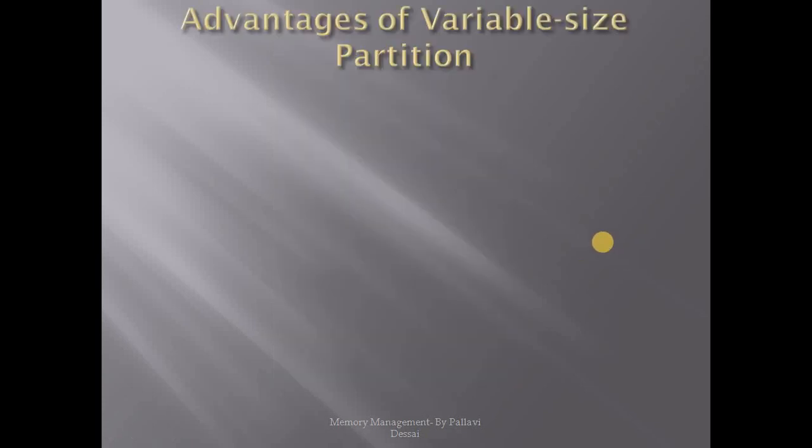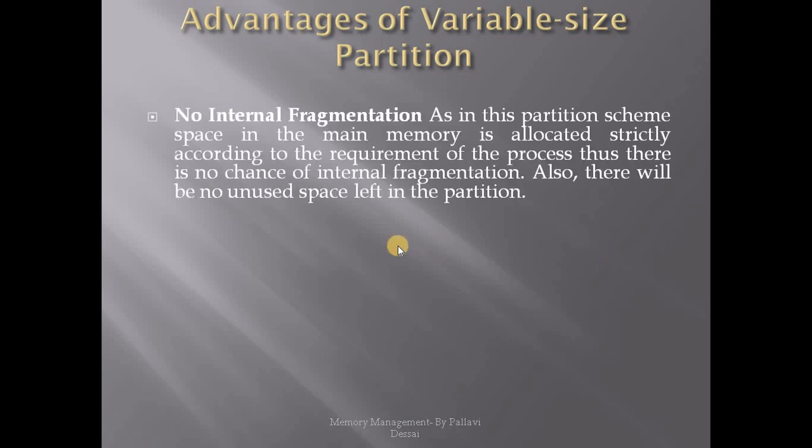To overcome the disadvantage of the fixed partition technique, a technique called MVT, that is multiprogramming with variable number of tasks, is used. In this technique, the amount of memory allocated is exactly the amount of memory a process requires. Now we shall see the advantages of variable size partition.